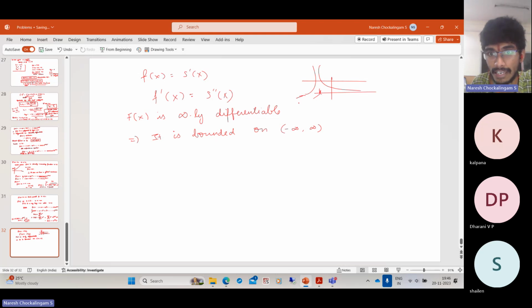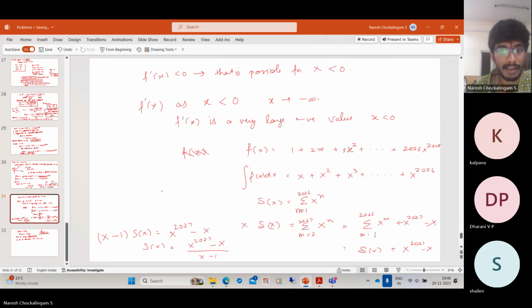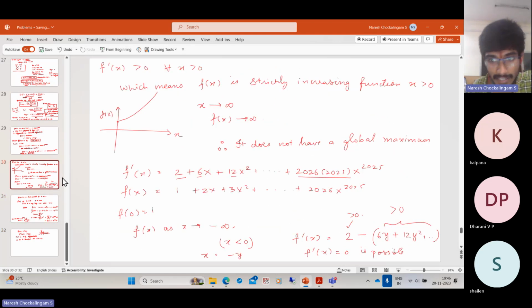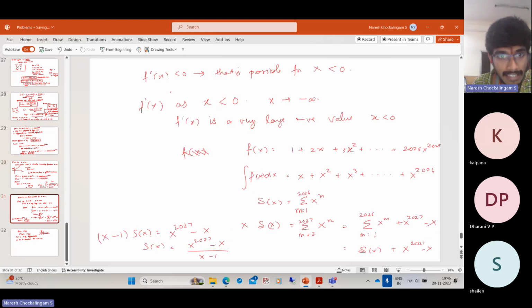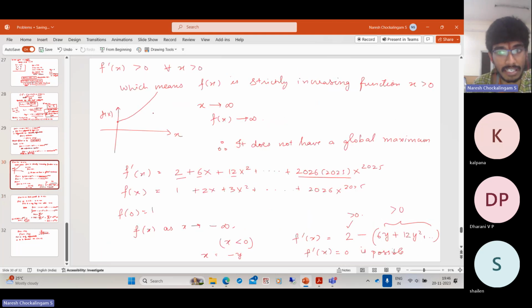Only at the extreme, only at x equal to infinity or x equal to minus infinity, it takes up very big values. Now, there may be values where f dash of x is equal to 0 or less than 0 for x less than 0. But that is not a problem because even if f dash of x is less than 0, f of x is bounded in those regions.